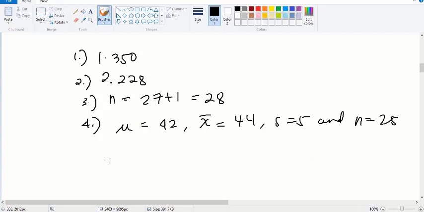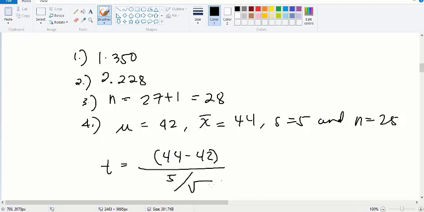So, t is equal to 44 minus 42 over S divided by the square root of N, 25. Let me use my calculator. 44 minus 42 is 2. The square root of 25 is 5, so 5 over 5 is 1. So 2 divided by 1 is 2. The t-value is equal to 2.